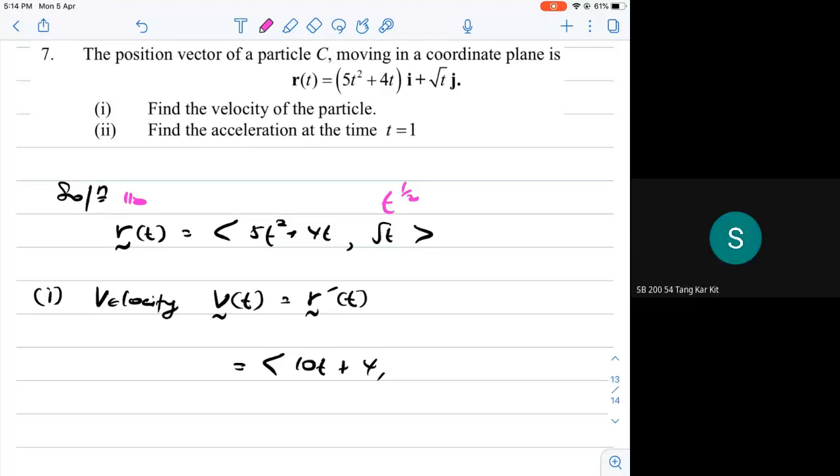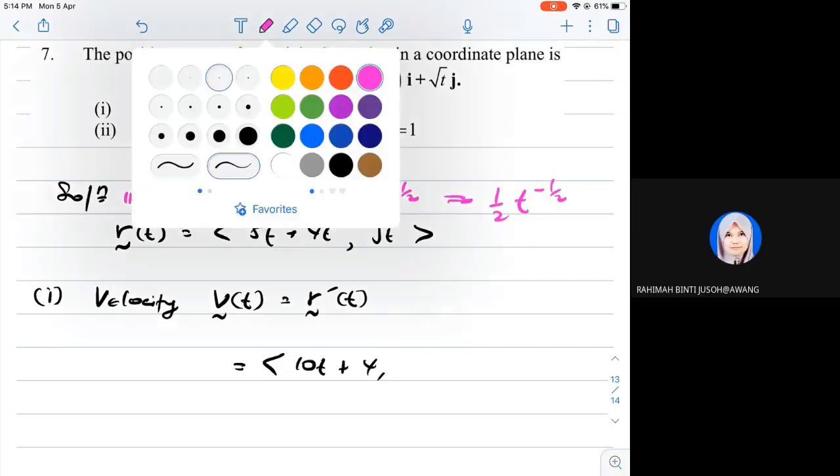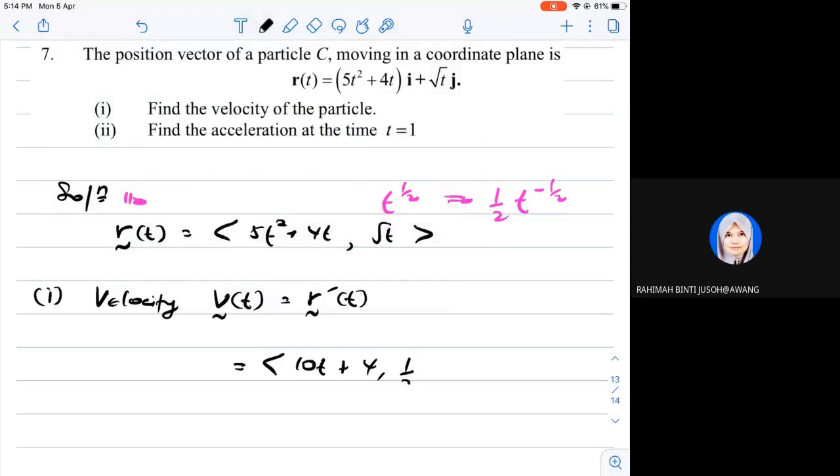Kalau you differentiate, 1/2 bawa ke depan kan, t to the power of negative 1/2. So we will have this 1/2 t to the power of negative 1/2 like this.